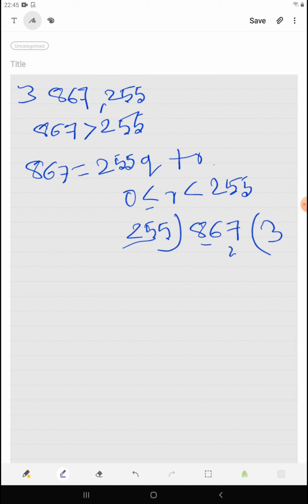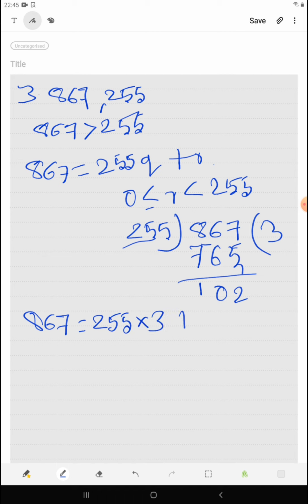So 5 3s are 15, 1, 5 3s are 15, 1 16, 1, 3 2s are 6, 1 7. Now 7 minus 5 is 2, 6 minus 6 is 0, 8 minus 7 is 1. Okay. So 867 can be represented as 255 into 3 plus 102.